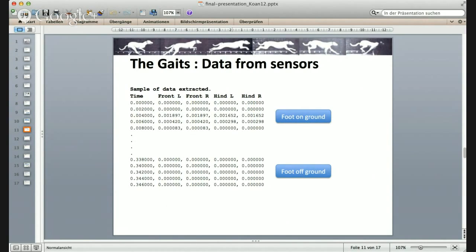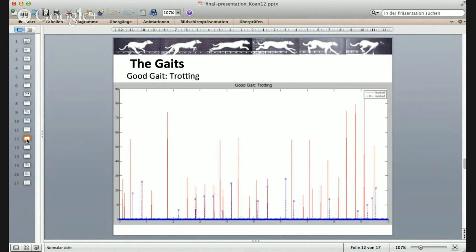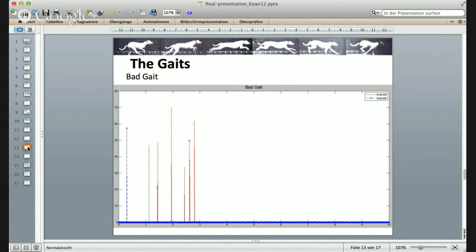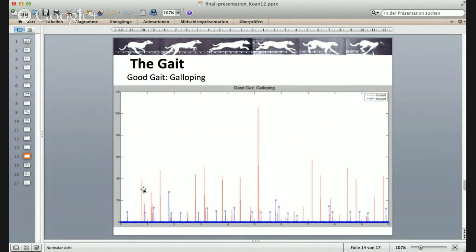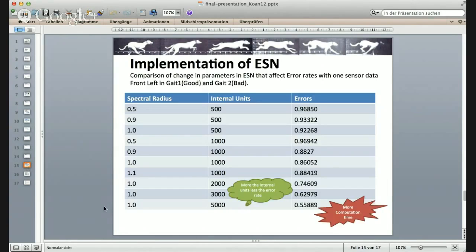We didn't actually manage to get a pattern, I think. This is the data from the sensors, and this is the pattern. It would be interesting to look at each of these on their own, and it would also be interesting to implement other types of sensors and record the data.